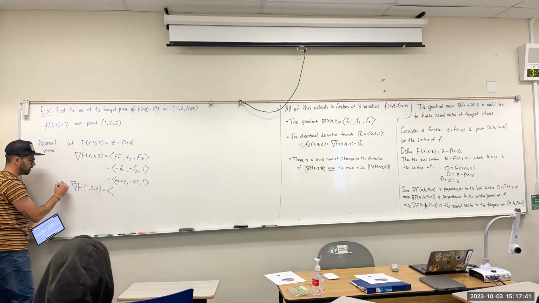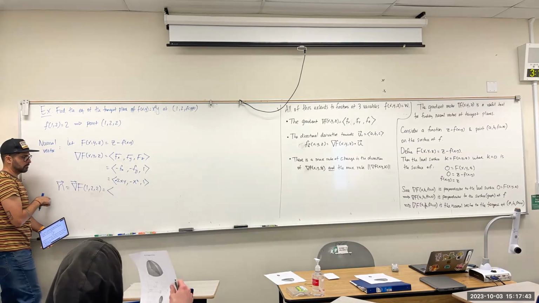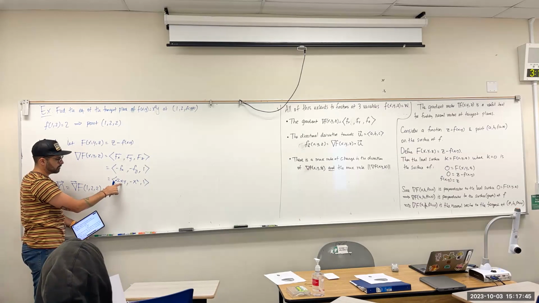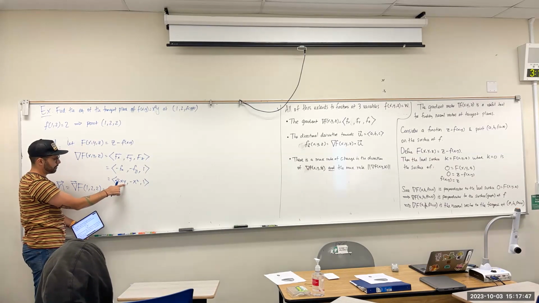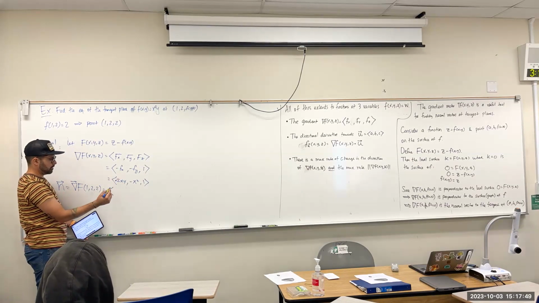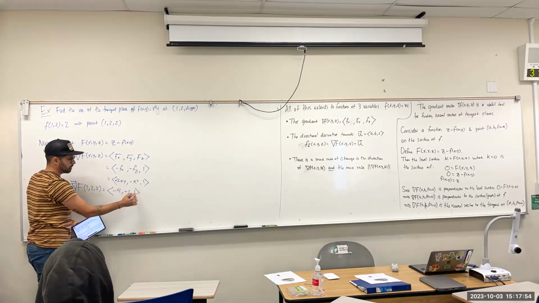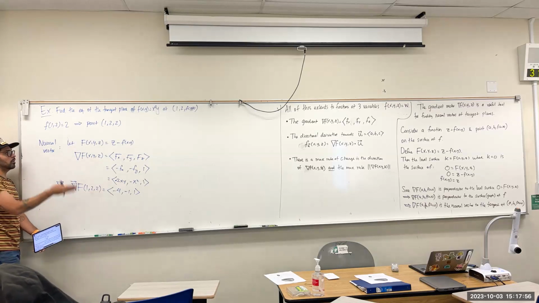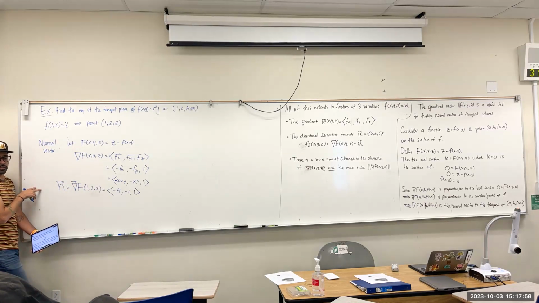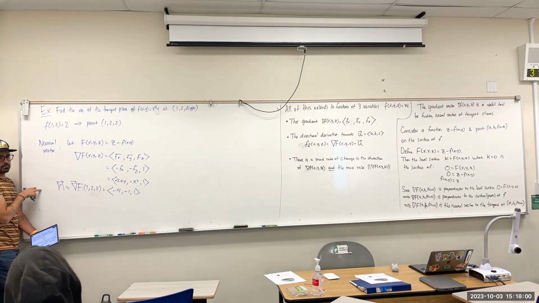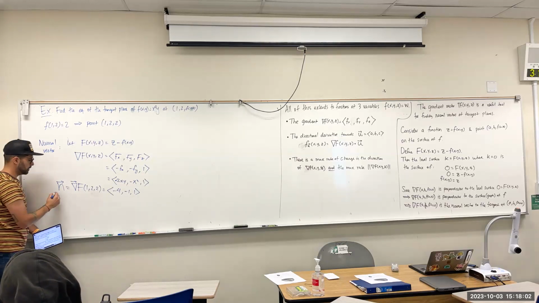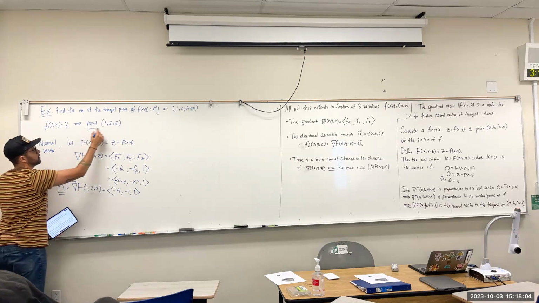This is the normal vector of the tangent plane. So you plug in 1 and 2, what's that, negative 4? Negative 1 and 1. And so then you use this normal and you use that point, and then it gives you the equation of the tangent plane.